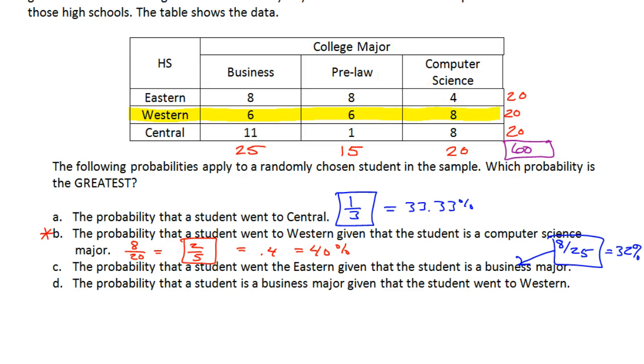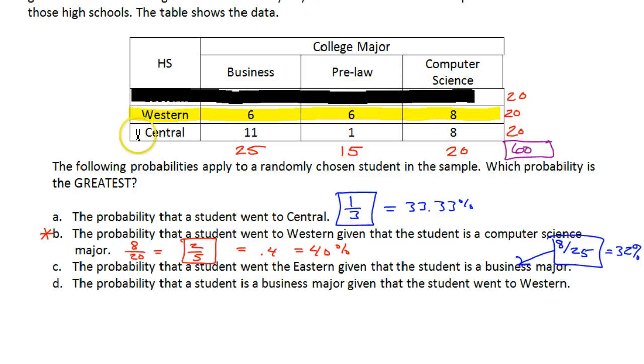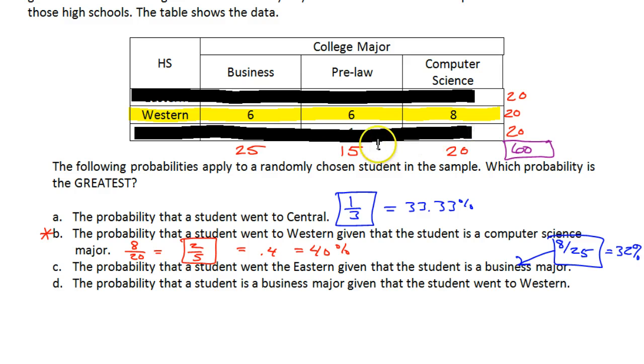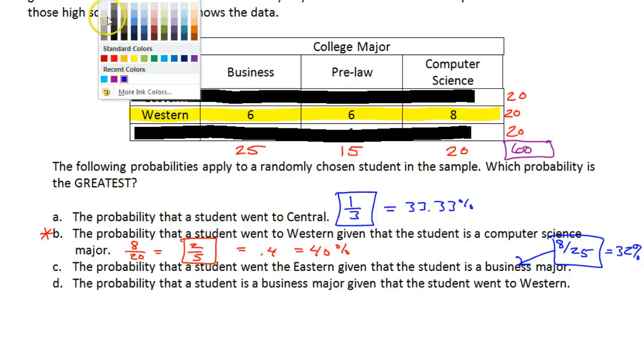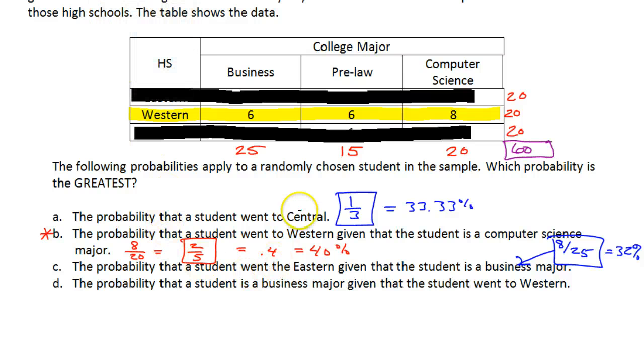This is our new universe, which means we can forget about the rest of this for the remainder of this question. So what are they asking us for? Given that the student went to Western, the probability that a student is a business major.